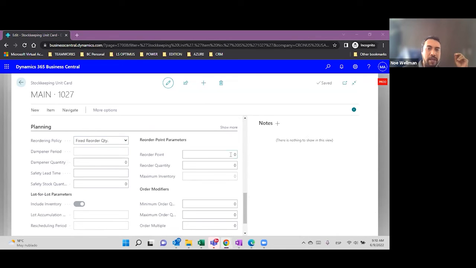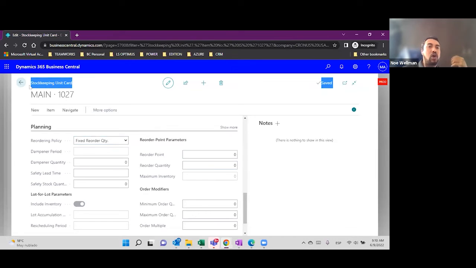The reorder point is here. If you want to start learning about it, let's start: purchase, create a stock keeping unit card. The idea is that this is only for one warehouse. This won't be for the entire company. That's good. So let's work only on the stock keeping unit card level.